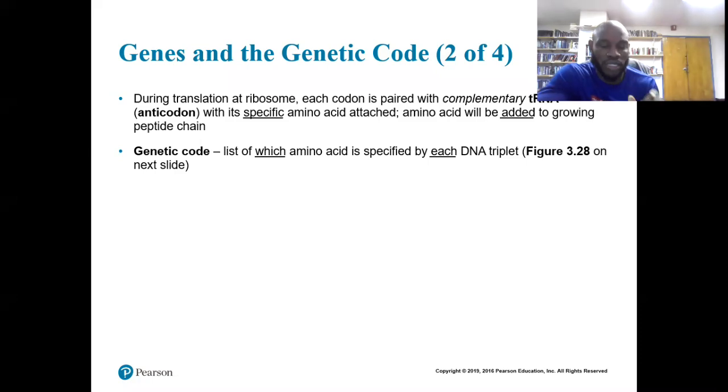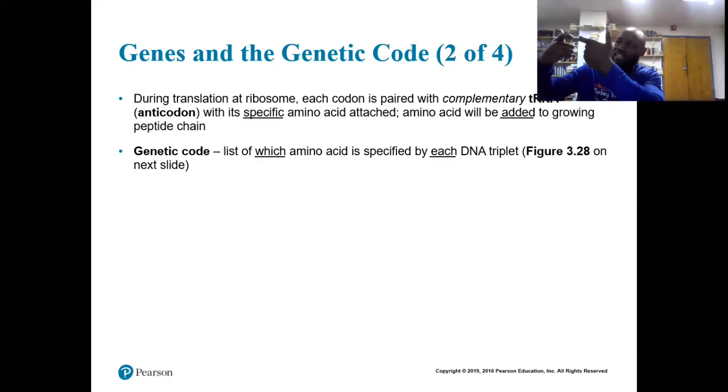So remember, the protein is a chain of amino acids. The amino acid chain is coded by your mRNA, and each time a tRNA comes and matches the code, has the anticodon, matches the code of the mRNA, it brings with it an amino acid.